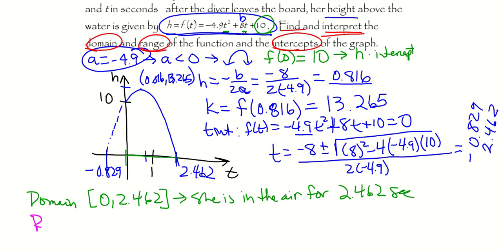I want to find the range of my function. The range of my function is my lowest height to my highest height. The lowest height she reaches on this part of the graph is 0. The highest height she reaches is at the y-coordinate of the vertex. So the range is 0 to 13.265.